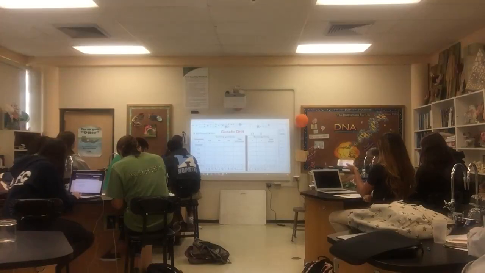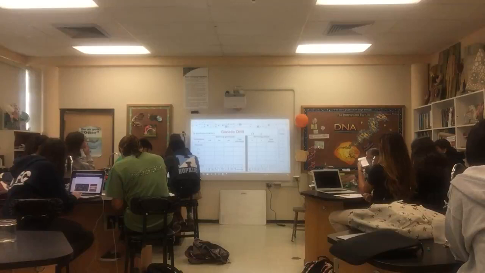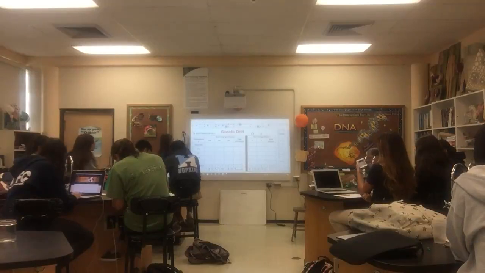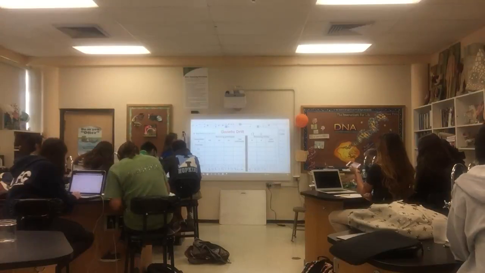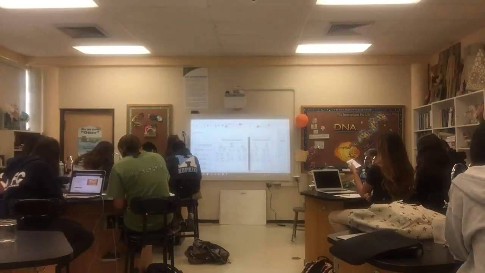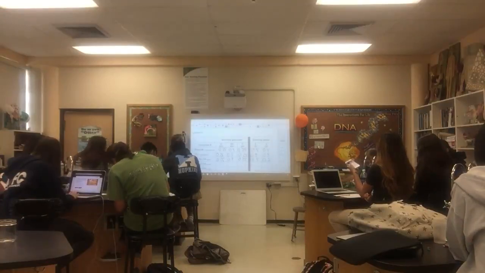See, in B and Q, not the genotypes. So 4 out of 8, 4 out of 8, 0.5, 0.5. That's for them. But we're all doing it out of 8. Remember, we all have 4 people in our group times 2 alleles.